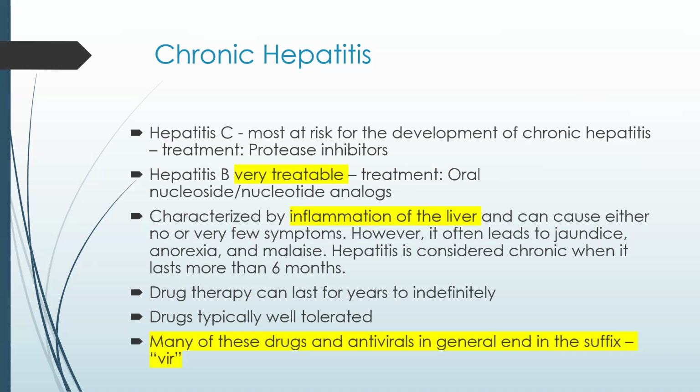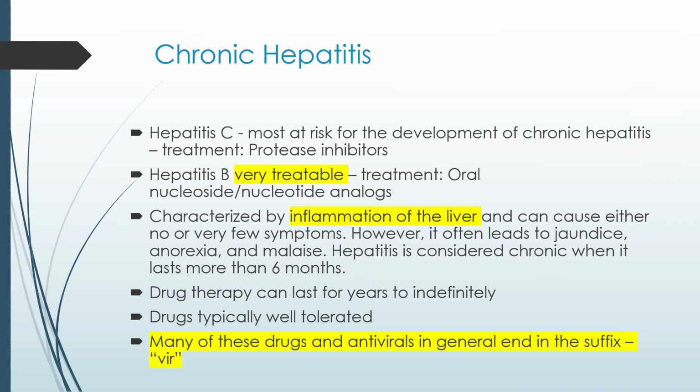The itis is the inflammation and hepa is the liver, and it can cause either no or very few symptoms. However, it often leads to jaundice, anorexia, malaise. Hepatitis is considered chronic when it lasts more than 6 months, and then drug therapy can last for years to indefinitely. It just depends on the person and the case.